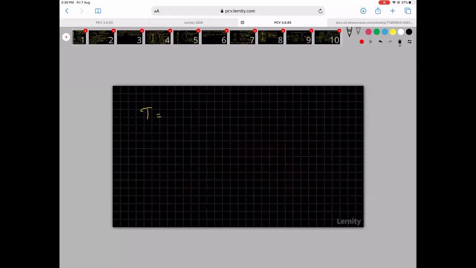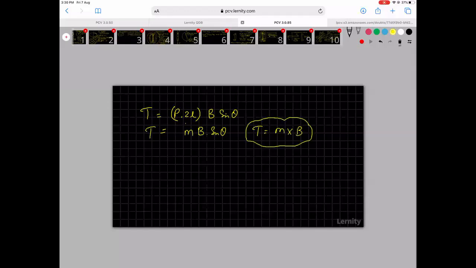The torque is equal to the pole strength into 2L into B sine theta. This is nothing but the magnetic moment, so magnetic moment into B into sine theta. So torque is equal to M cross B. When a magnet is placed in an external field, it experiences a torque equal to M cross B. Please make sure that you are able to write this.